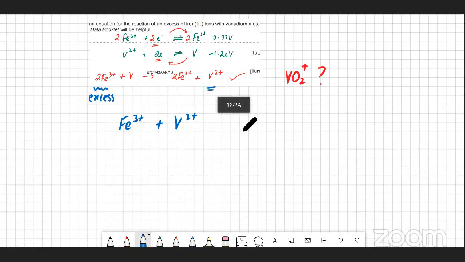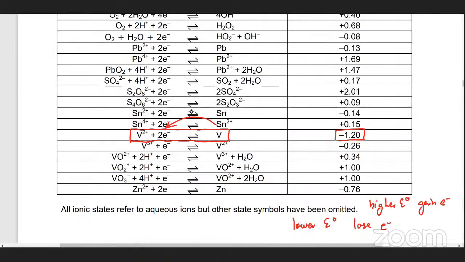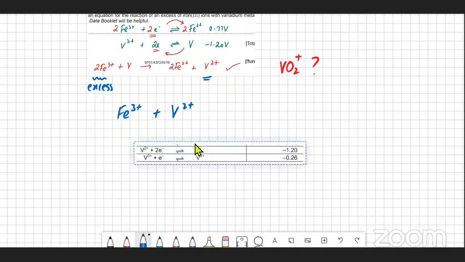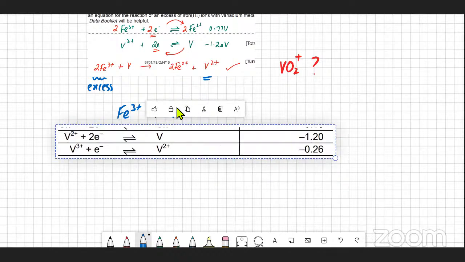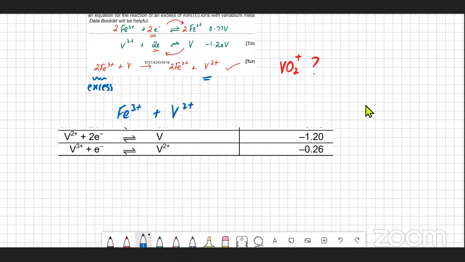so where are the V2+ equations? You're going to notice that, first let me rub this out. Now remember, I'm focusing on the equations with V2+. So V2+ is involved in these two reactions. So let's copy that. There are two equations with V2+ involved here and over here as well.